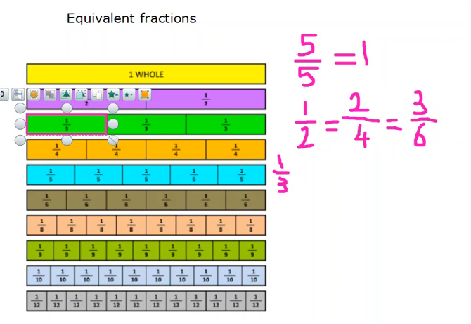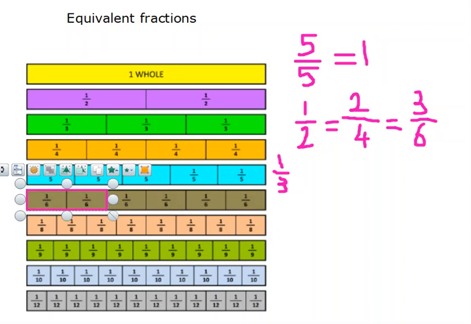So I've got my 1/3 here. It's not equal to a quarter, not equal to 1/5, but there we go, it is equal to 2/6. So using this, I'm now able to say that 1/3 is equal to 2 over 6. And let's see if we can just move it on any more.